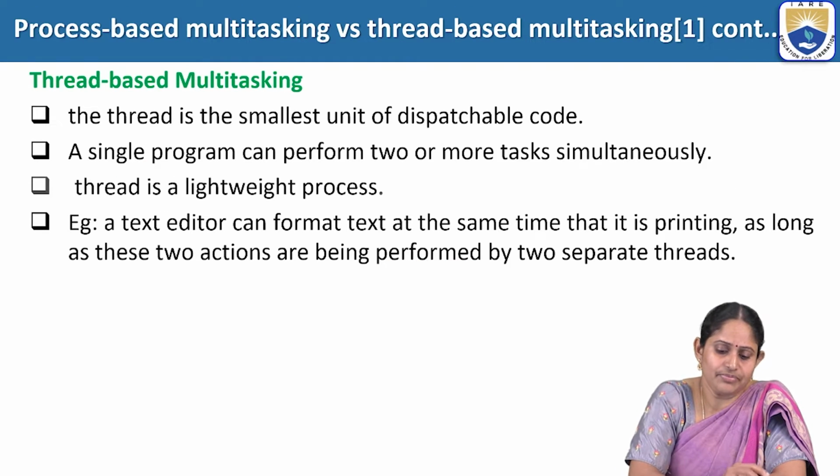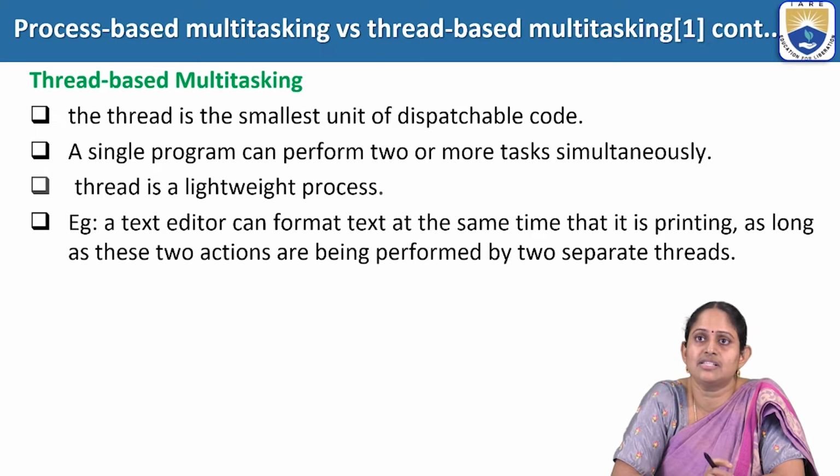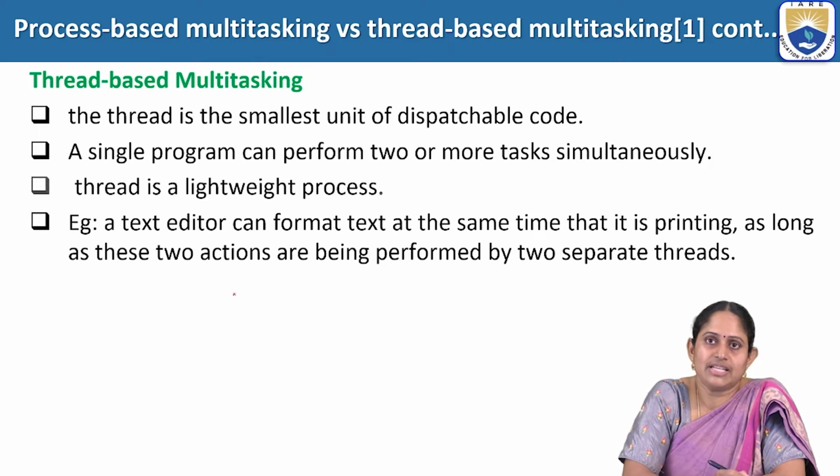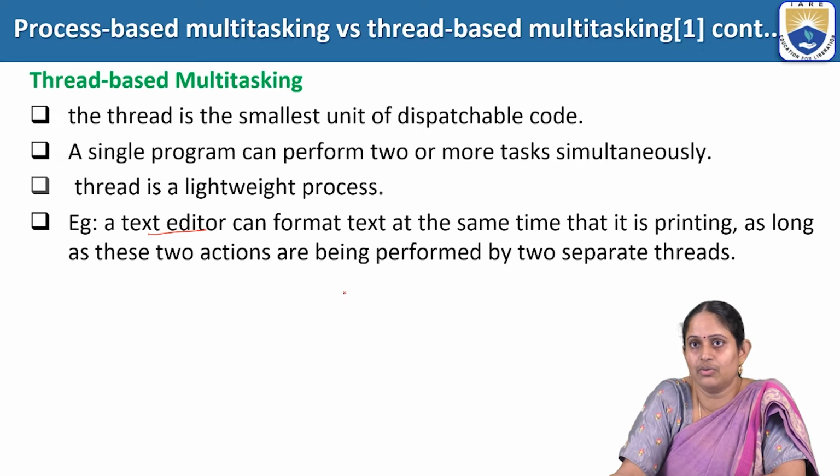Now, in thread-based multitasking, a thread is the smallest unit of dispatchable code. A single program can perform two or more tasks simultaneously, and it is a lightweight process. For example, in a text editor, while editing, you can allow the printing of another document, and you can also edit one document.